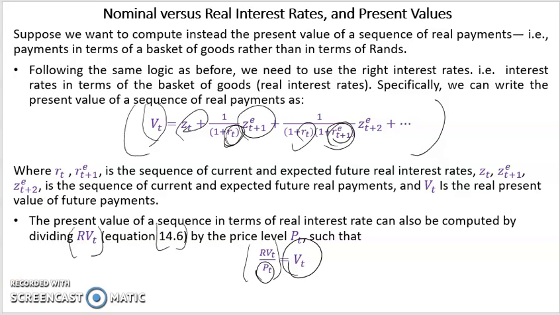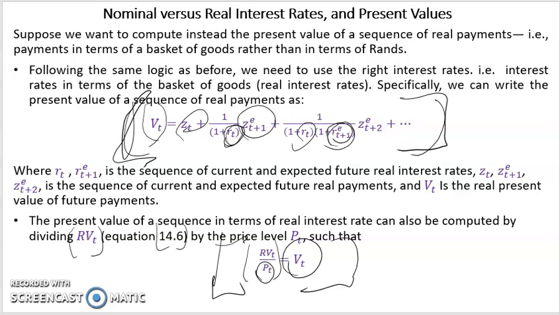This computation of the real present discounted value will get you the same amount as using the equation where you use the real interest rate instead of the nominal interest rate. So what does this mean? It means that we can compute the present value of a sequence of payments in two ways.